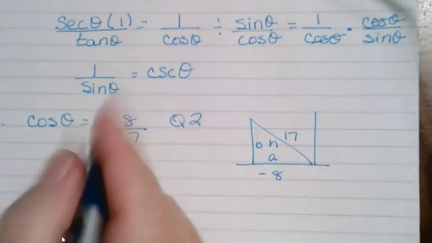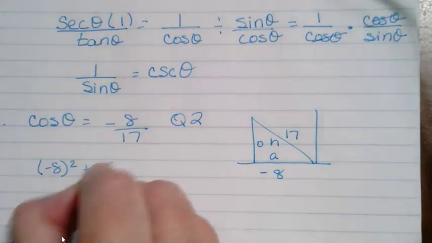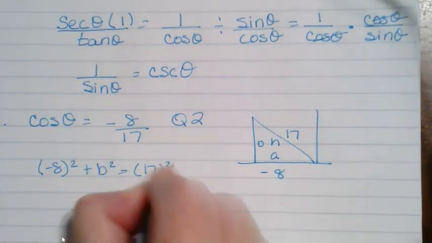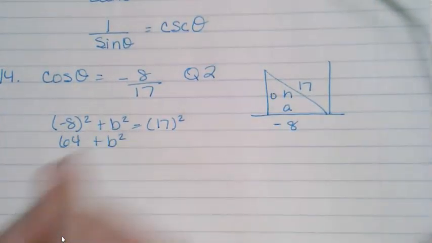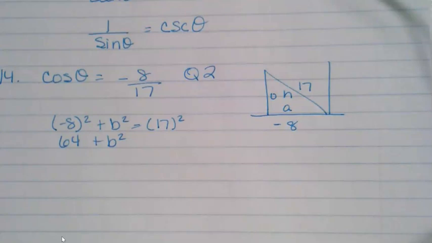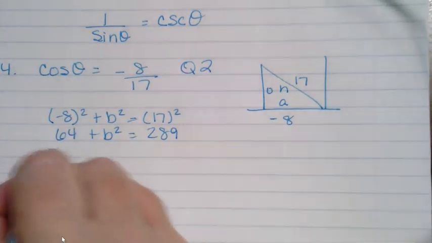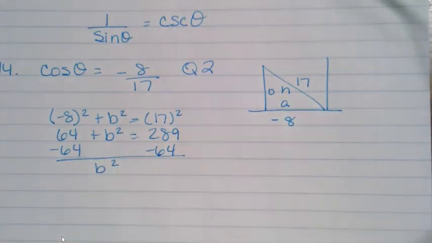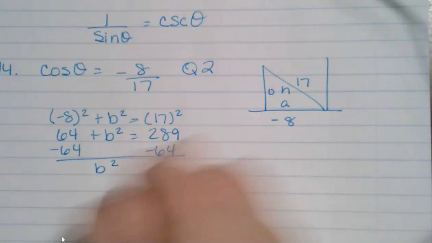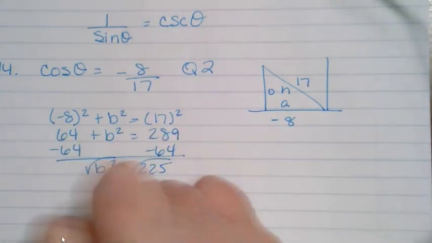Please remember 17 is our hypotenuse, so that will be our C value. So 64, and remember a negative squared is positive, equals 289. We're going to subtract 64. 225, square root, and b equals 15.